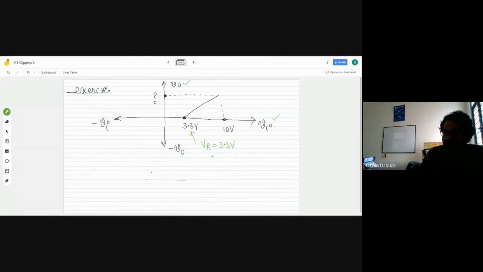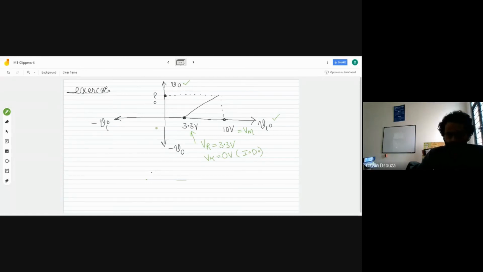Now, why have I taken directly 3.3 volts? That's because the value of Vk we are supposed to take as 0 volt, since I have given an ideal diode case. So VR will be the threshold value. And what's the peak value of the input? It is 10 volt. So this is going to be Vm.